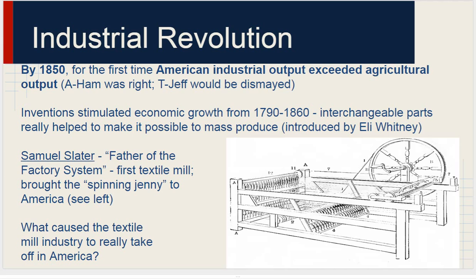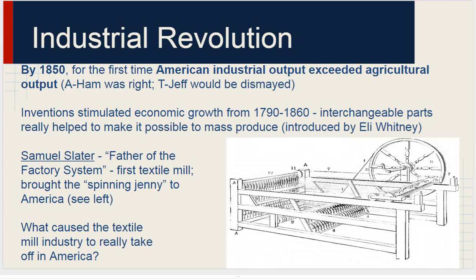So one of the things that I think is important here, and I put this in bold letters, is that by 1850, for the first time, American industrial output exceeded agricultural output.